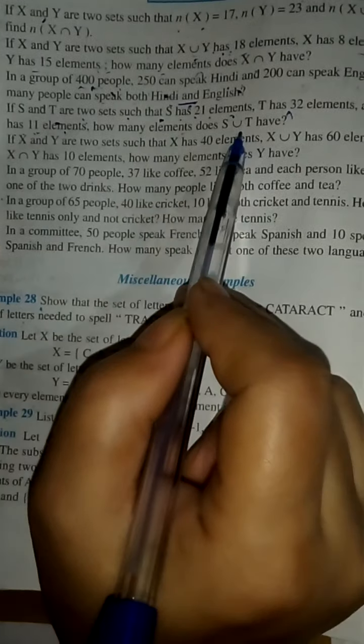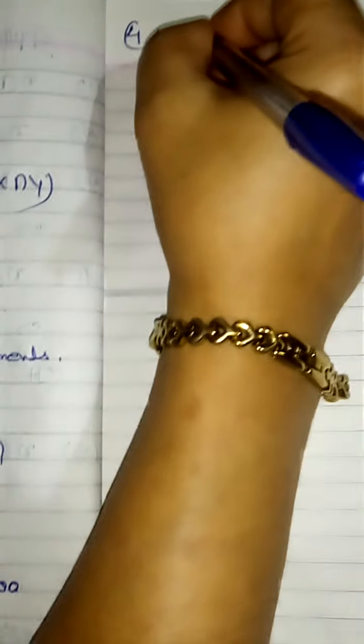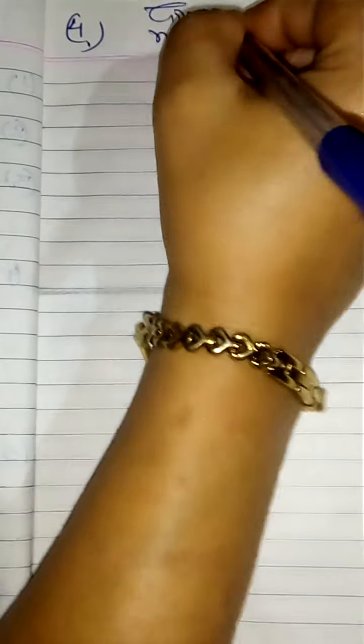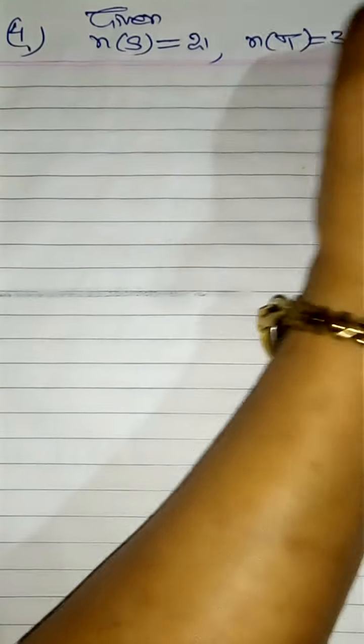How many elements does S union T have? So write down here what is given. I am writing the solution. n of S is equal to 21, n of T is equal to 32 according to the question, and n of S intersection T, the common elements between S and T, is 11.